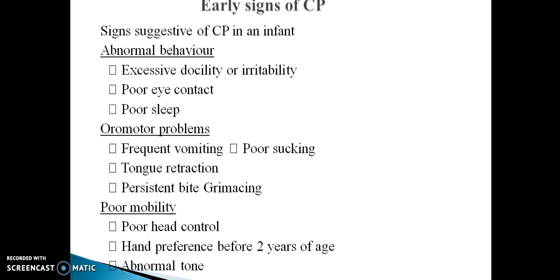Before going to the early signs, please write down the other types of cerebral palsy besides spastic cerebral palsy, which we have already discussed in terms of tone.